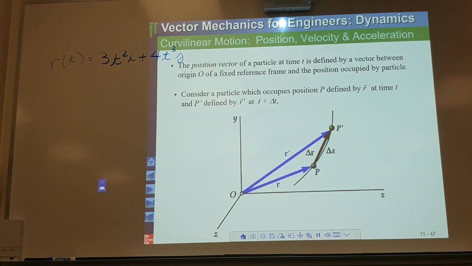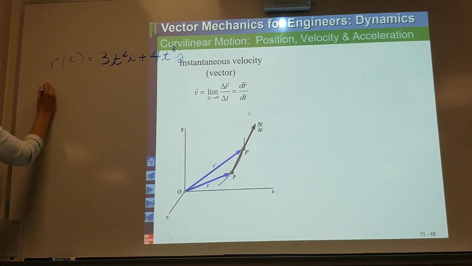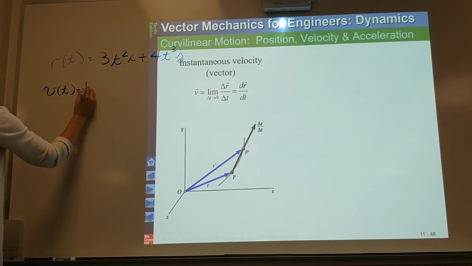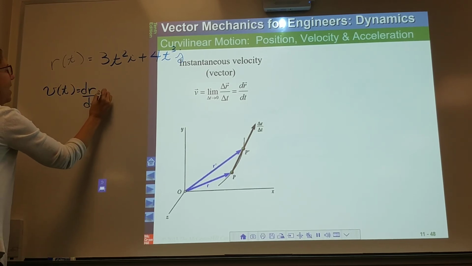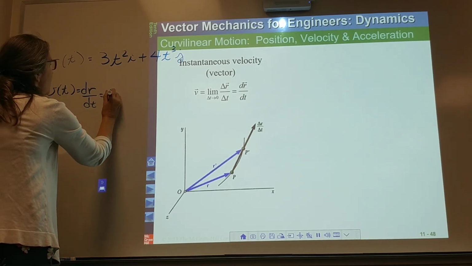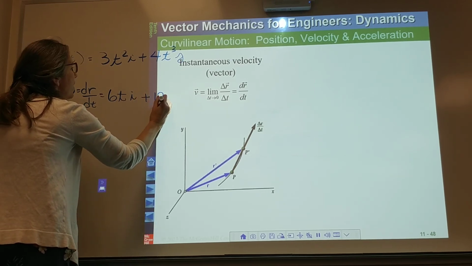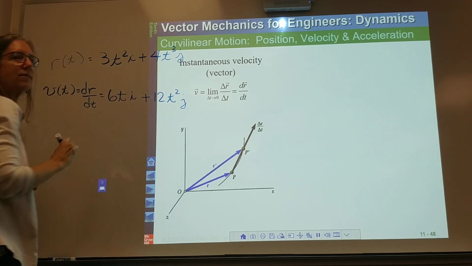Okay, so then if we keep going on and we look at those points as they get closer to each other, then take the limit as t goes to 0, then the velocity is equal to dr/dt. Okay? And because the position in each direction is independent of each other, the i, j, and k directions, we can just take the derivative directly. So this would be 6t i plus 12t squared j.